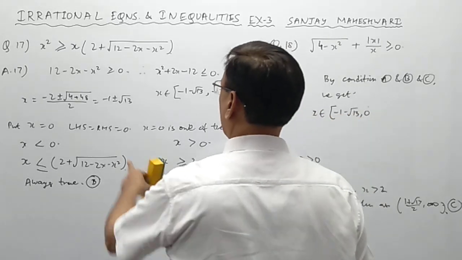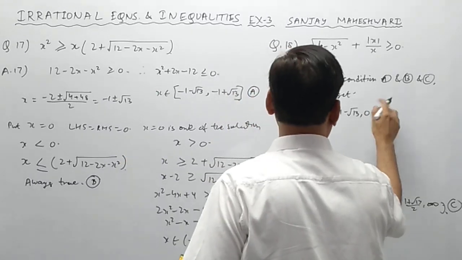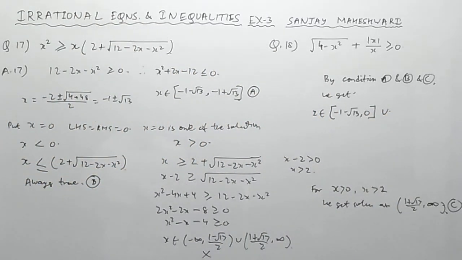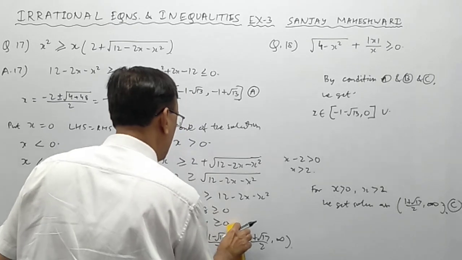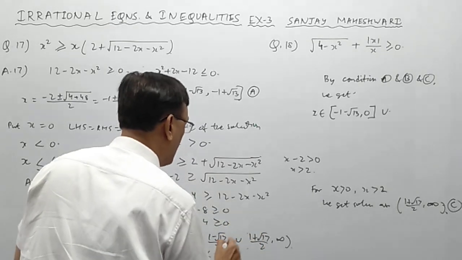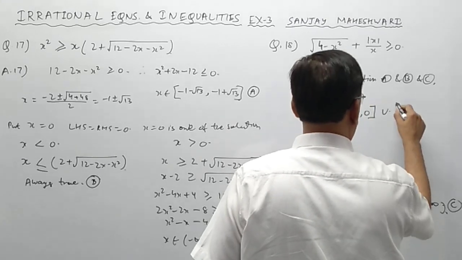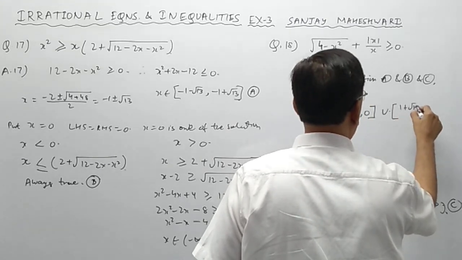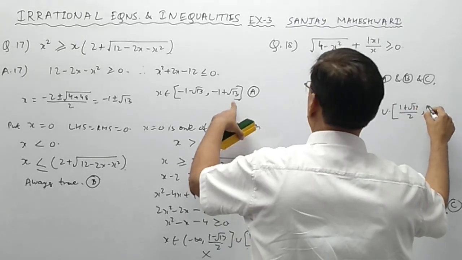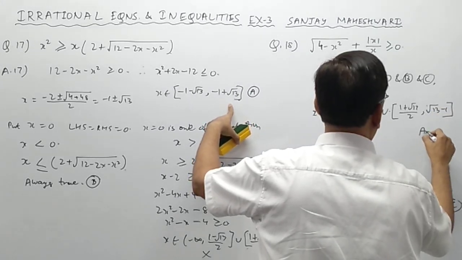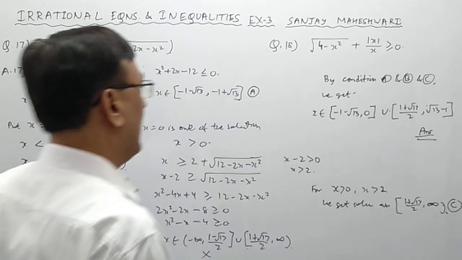Is 0 inclusive or not? Yes, it is inclusive. Union, the second part is 1 plus root 17 by 2, which will be closed, to root 13 minus 1. This is also closed. This is the final answer.